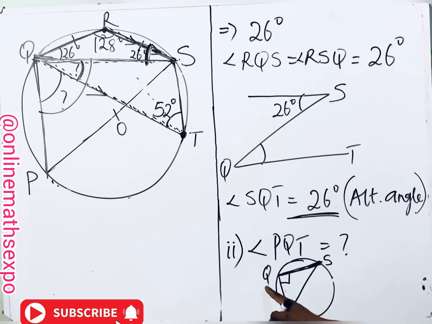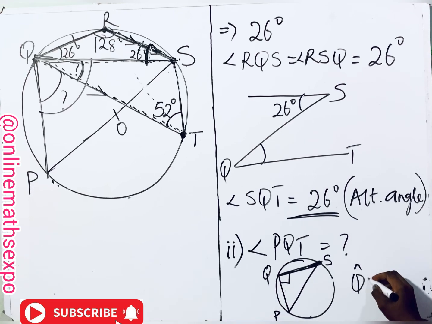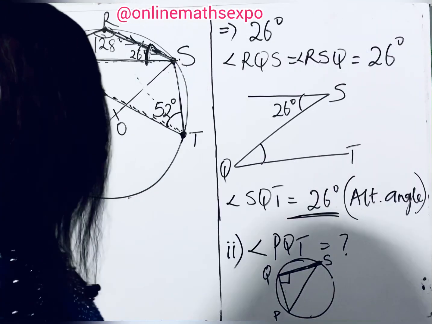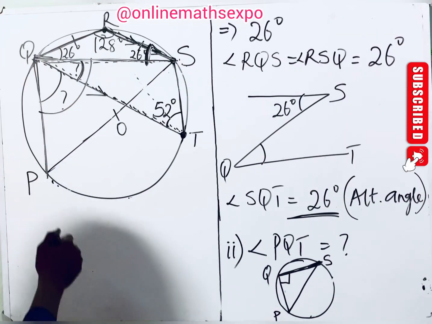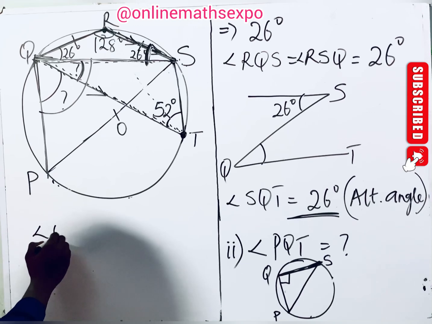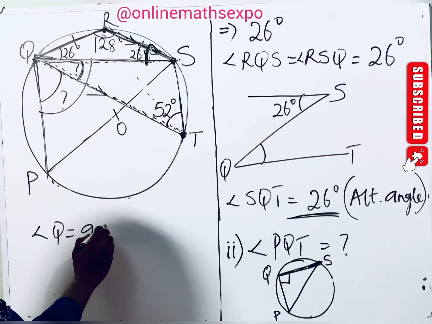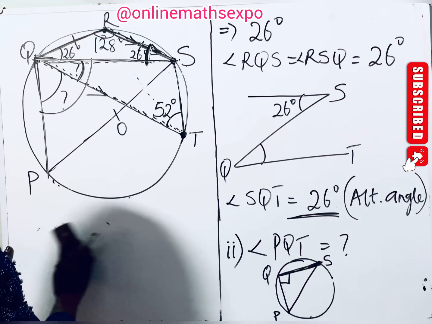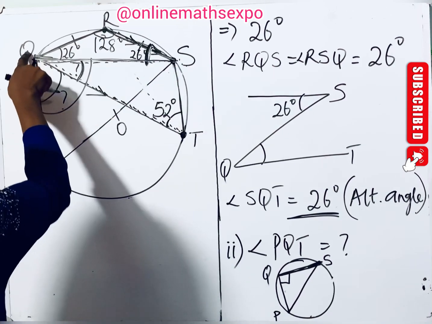So what it means is that this angle at Q, so we have QS and here is P. So we have it that angle at Q is equal to, so let's take it to the other side. So we are having it that angle at Q, okay? This angle here. So we have it that angle at Q is equal to 90 degrees, okay? So let's label it well. So we have SQP.